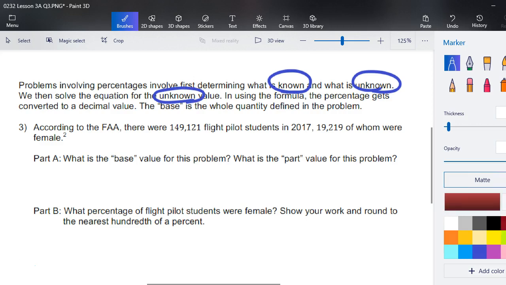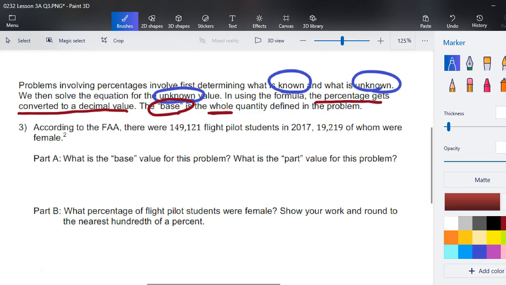So now that you've memorized the formula, part equals percentage times base or whole, you need to also remember that when using that formula, you must convert the percentage to a decimal every time. The base is the whole. It's the quantity defined in the problem, or it's the whole quantity.